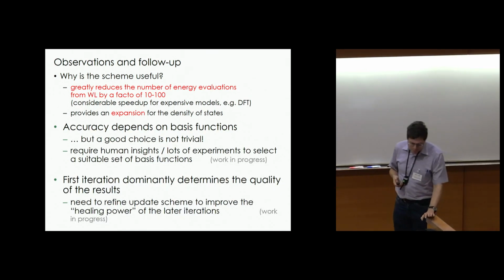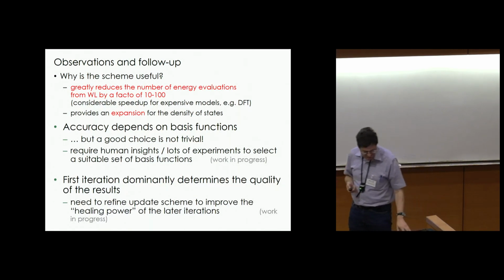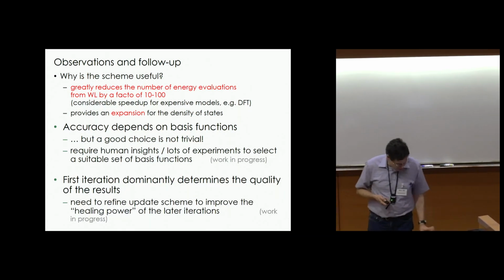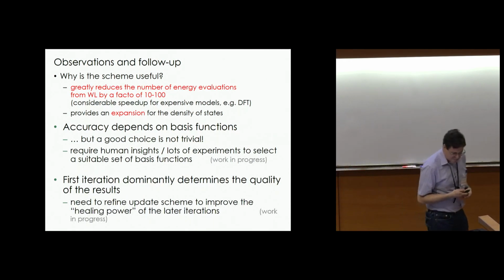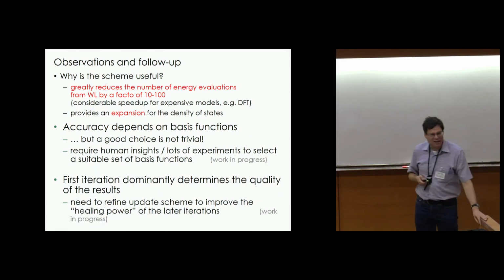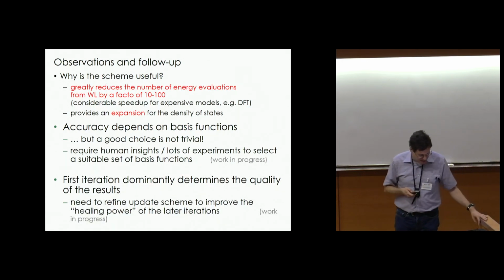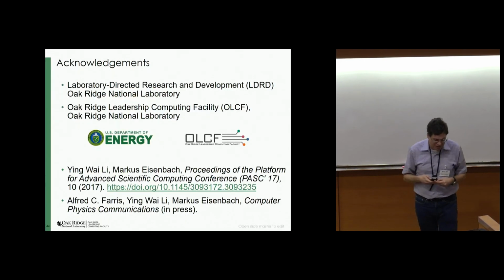So we think it might be a useful approach for us to reduce the number of energy evaluations, but there are still quite a lot of things that we need to understand better to make this whole approach more robust.